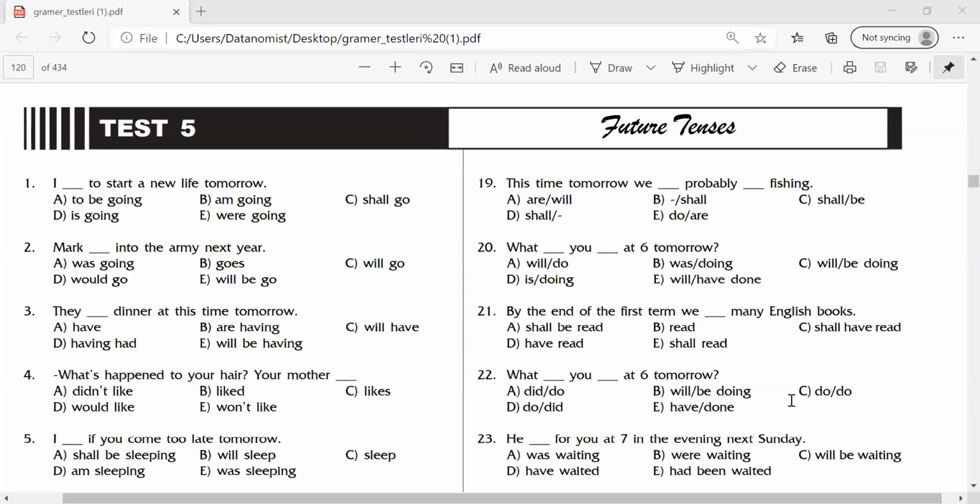Okay, got your answer. See, first of all, two mistakes. Your answer has two mistakes. Mark, if you want to use will be, after will be, it is always V1 plus ing form. We cannot say will be go.